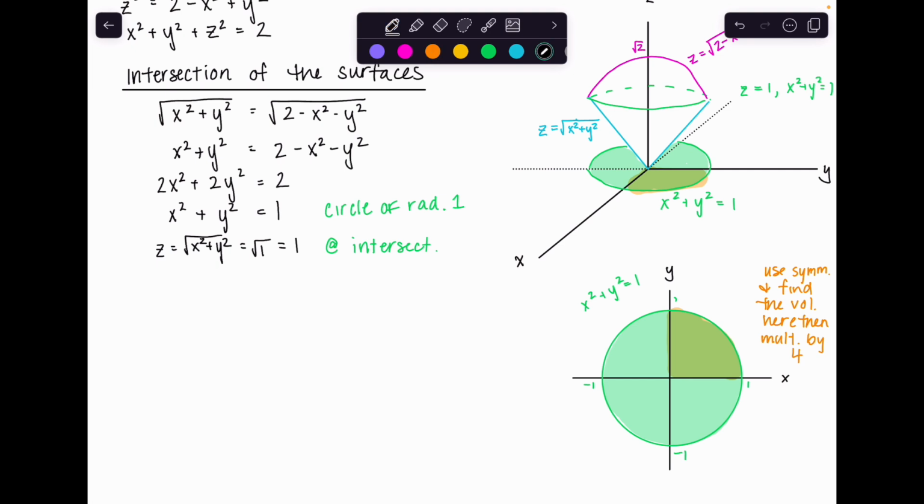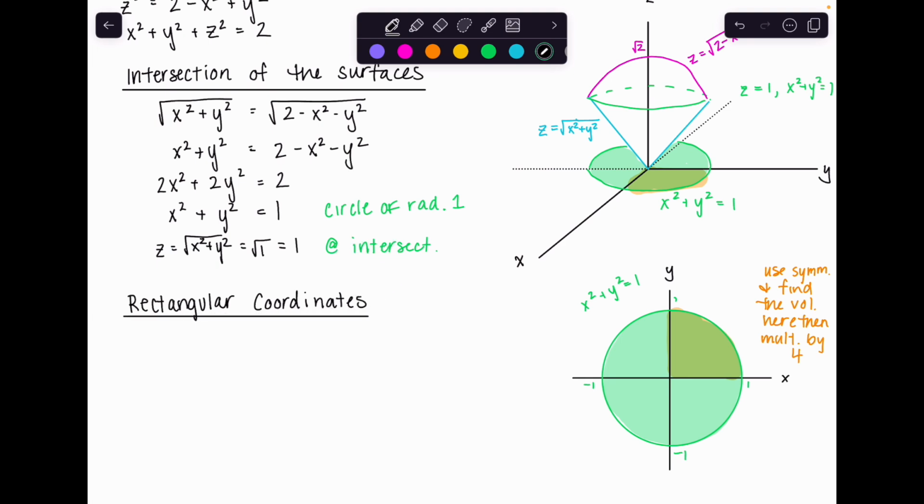Okay. So we're going to set this up first in rectangular coordinates. But you can see, because we have a circle in the xy direction, cylindrical is not going to be bad here, because I can switch everything over in terms of r and theta much nicer. So you're going to see how awful this would be to actually integrate in rectangular coordinates.